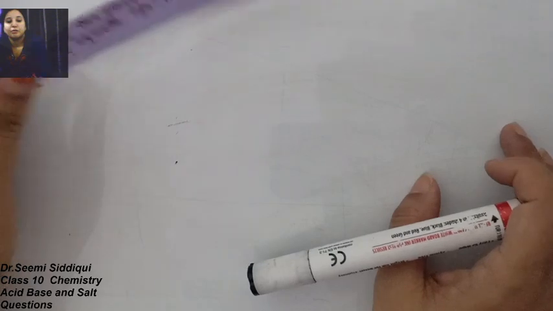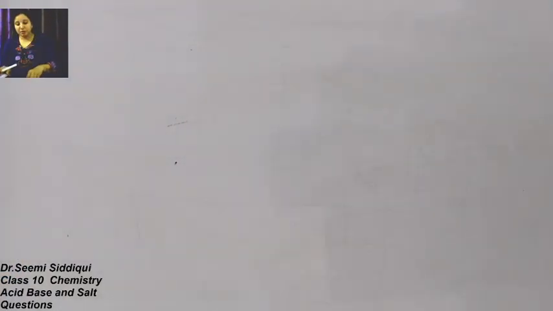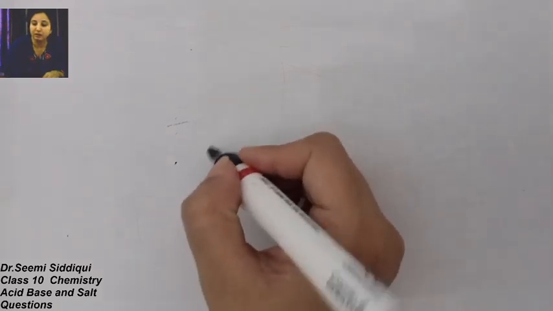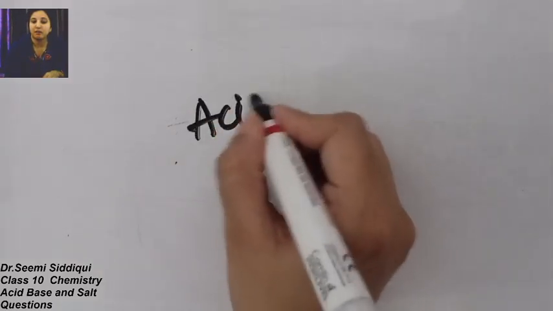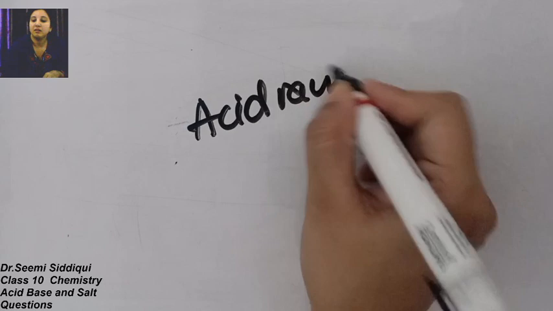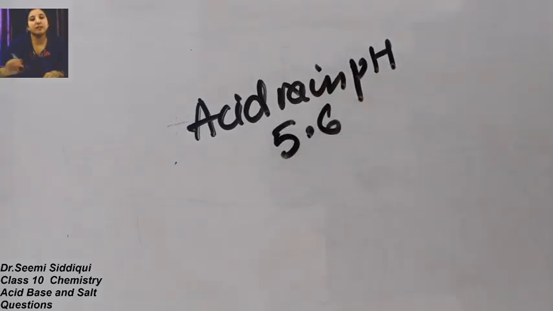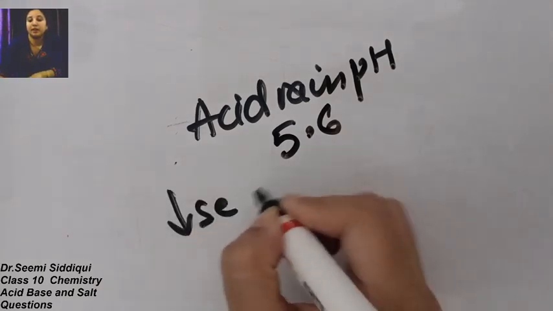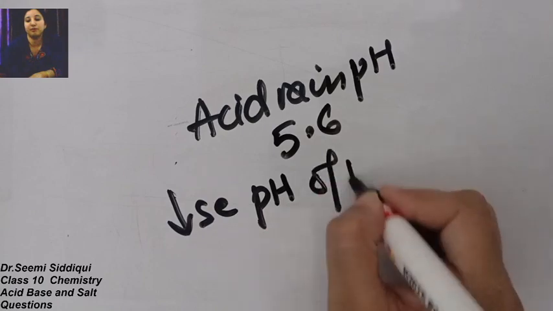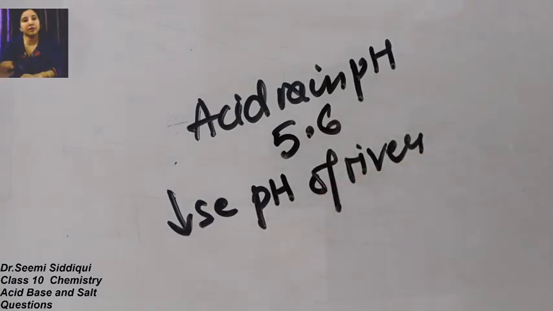When we did this topic, I told you that the pH of acid rain is less than 5.6. When this acid rain mixes in the river water, it will decrease the pH of the river.